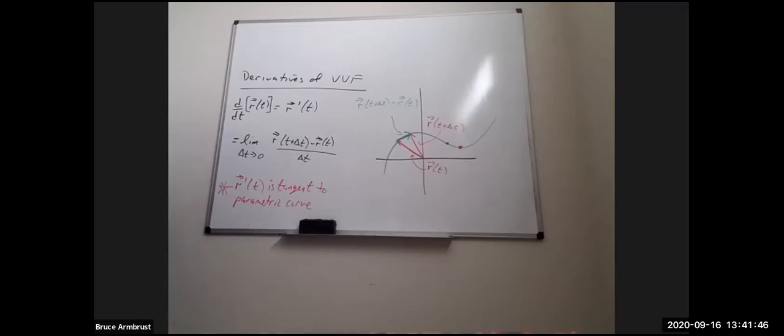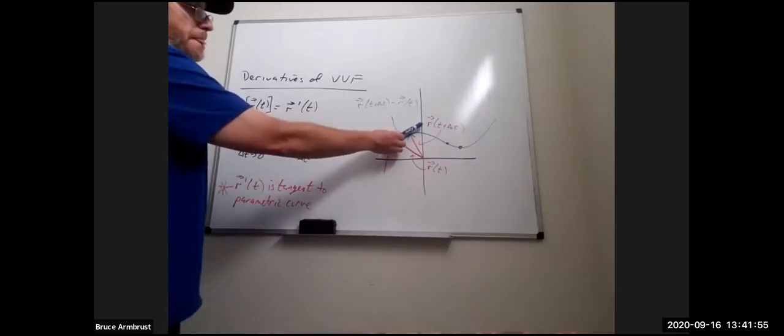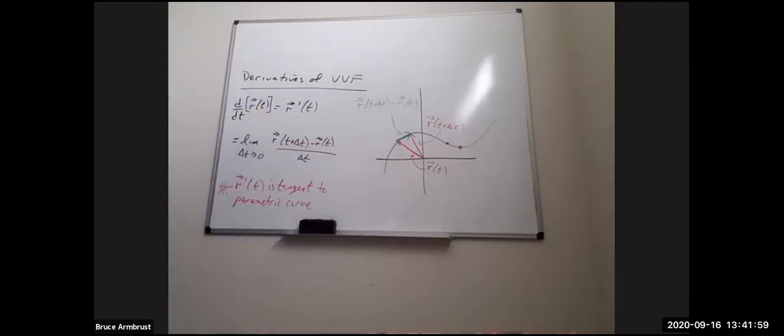Now, it turns out that for vectors that are tangent to a parametric curve, there are actually two options, right? I've got this green one that's pointing up and to the right, but I could also have the one that's pointing down and to the left. So it'd be really nice if we could tell which direction it points.